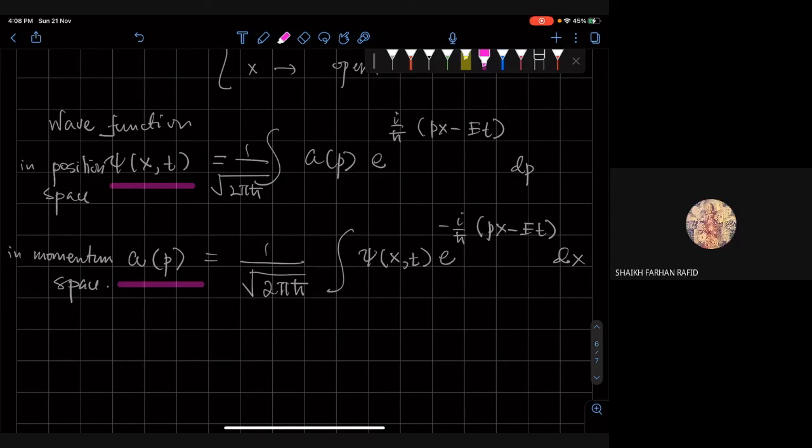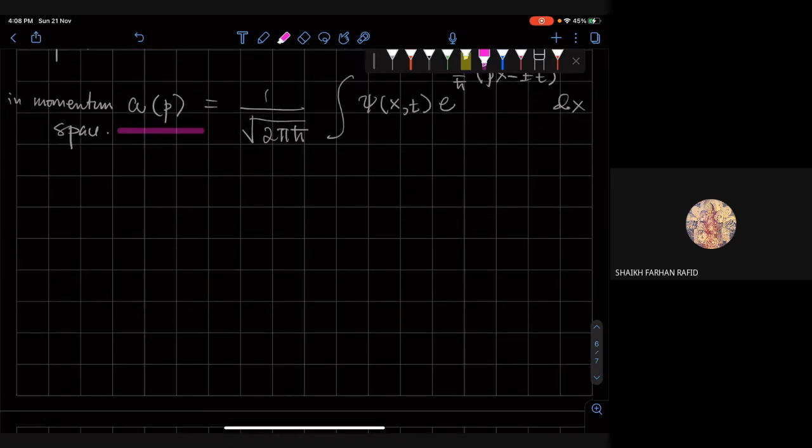Sir, I didn't understand this part. Like psi(x, t) is in A(p), and this A(p) is in another equation that equates to psi(x, t). Right. So when we were just doing Fourier analysis, if you had a function which was of this form, this was the Fourier transform of this function, right?